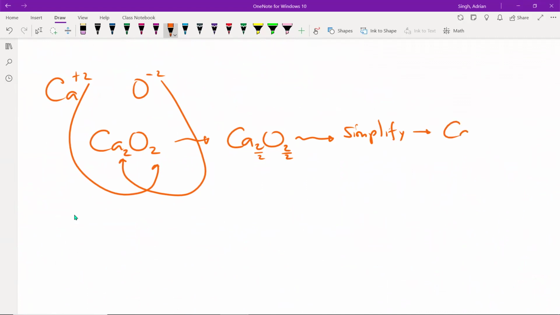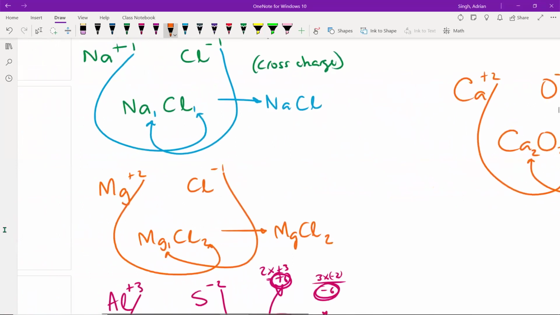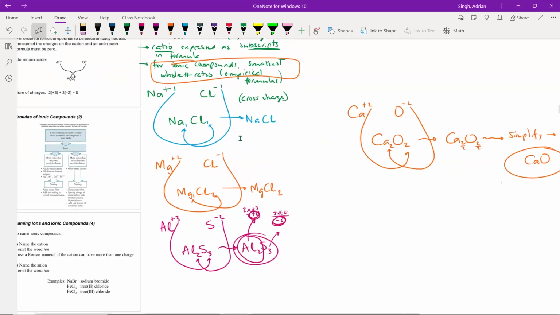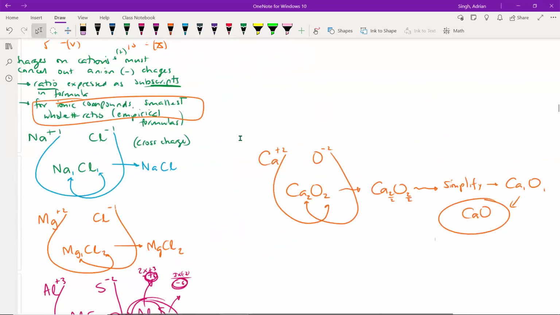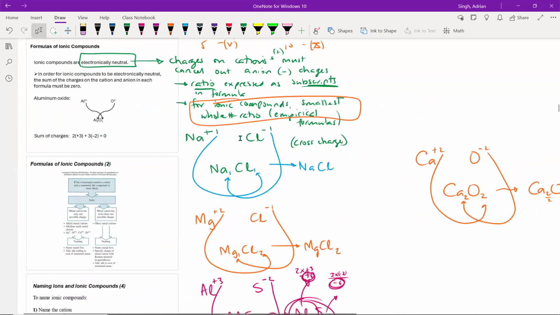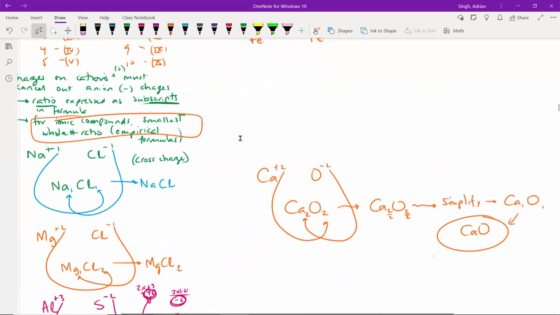So I end up with Ca1O1, and to clean that up, this just becomes CaO, which would be your formula for that combination. The cross-charge method is a way that I suggest you quickly go through these, because you can come up with formulas really quickly without having to go through a lot of the math. The math is not that complicated, but if you wanted to, you can do that.